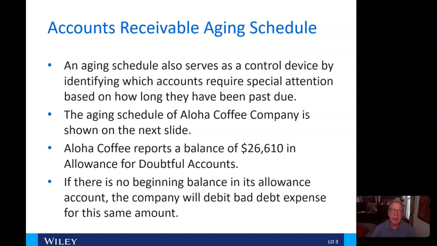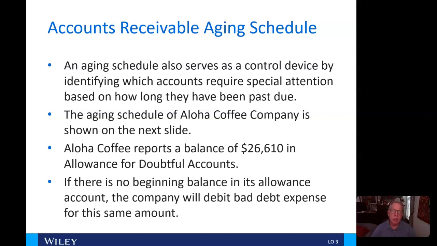An aging schedule also serves as a control device by identifying which accounts require special attention based on how long they have been past due. Any sophisticated company is going to have an aging schedule in one form or the other. I always looked at that as the first thing I did when I opened my computer in the morning.